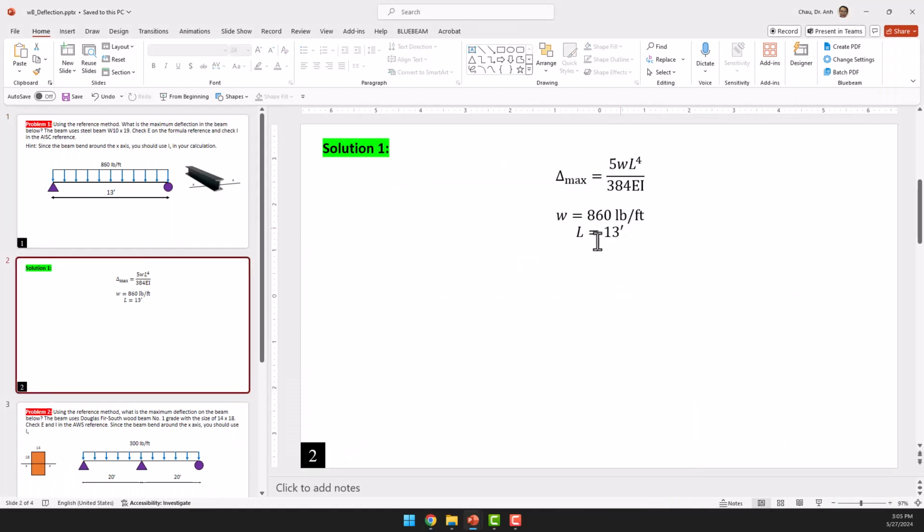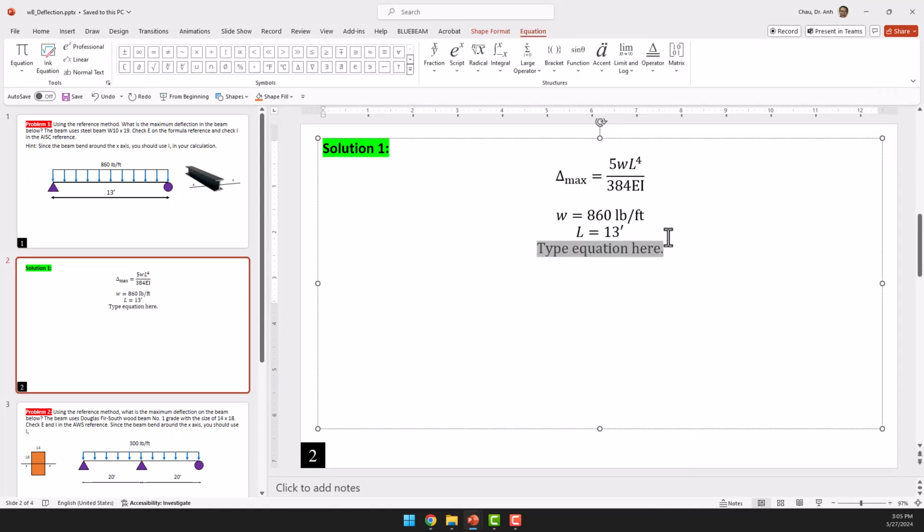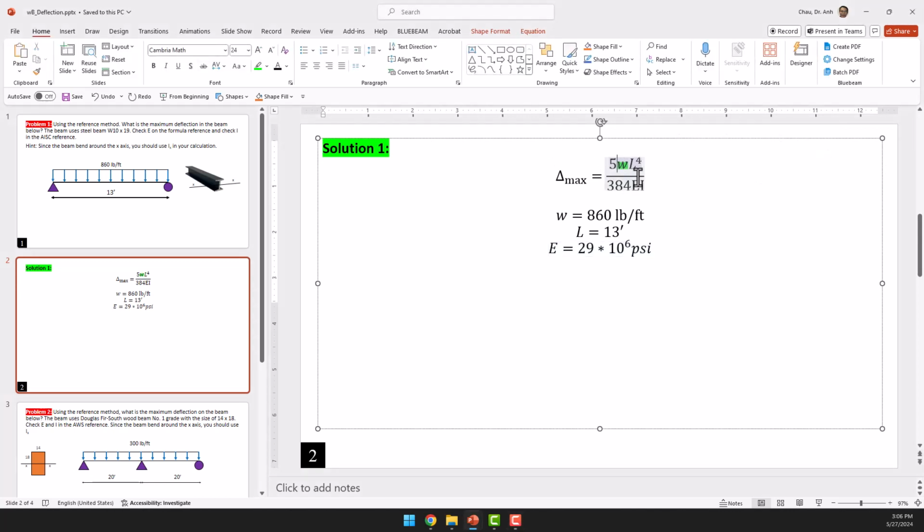So I'm going to write it here: E equal to 29 multiplied by 10 to the power of 6 psi. So now we have W, we have L, we have E.